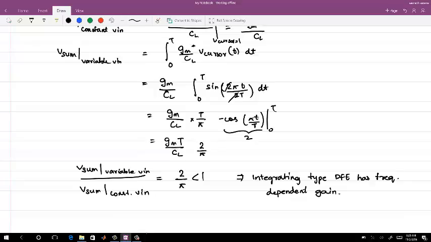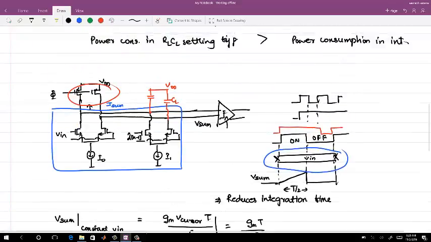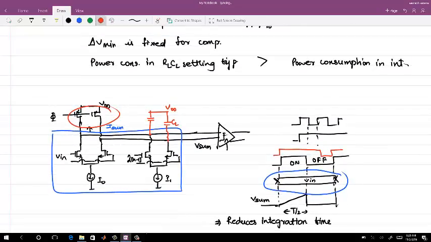So what can we do to hold the input for one integration period? Yeah, if you sample and hold, you can do that. So the way it is being done is that, let me just say, if this is coming, you put a sample clock here.